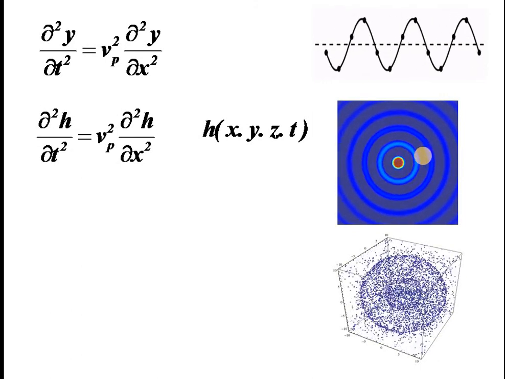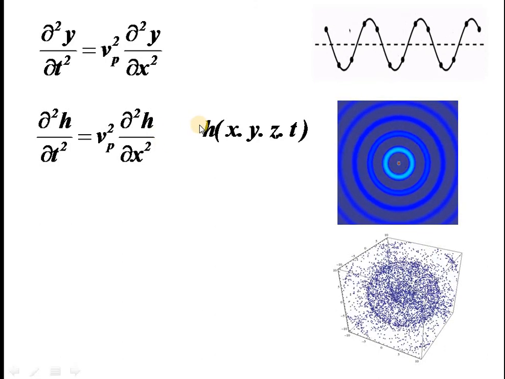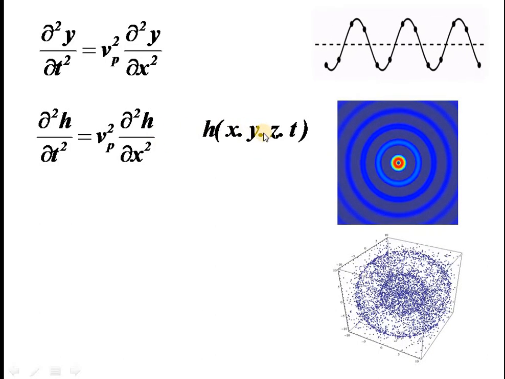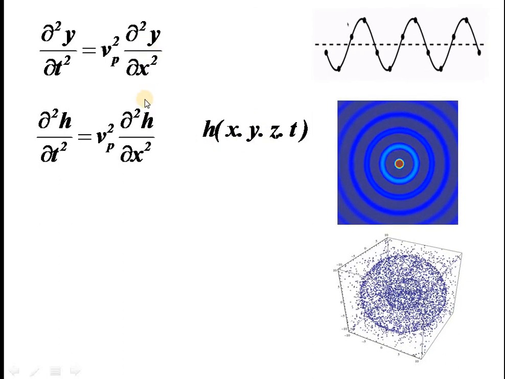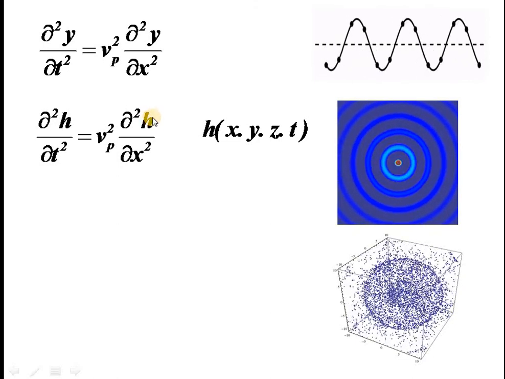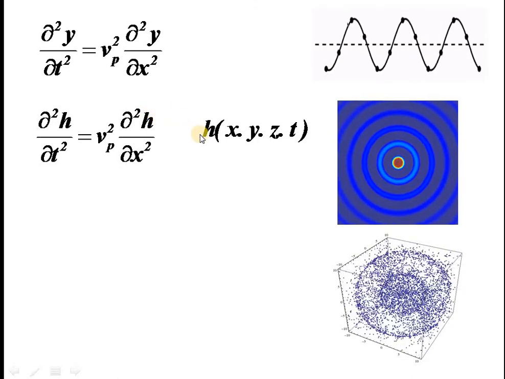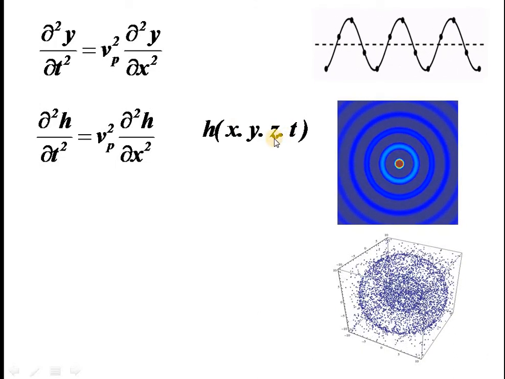Then your expression has to be changed. In that case we have to take y as a spatial parameter, so we can replace the height of the disturbance with h. So instead of y we will use h as a function of x, y, z, t, depending on the requirement.